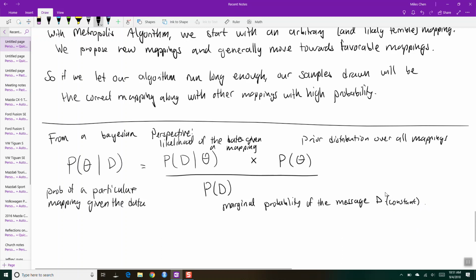So again, we talked about how we can ignore this probability D, this marginal probability, with the Metropolis algorithm, okay? We can ignore P of D with the Metropolis algorithm. Okay, and then probability theta, this is our prior distribution over the mappings.